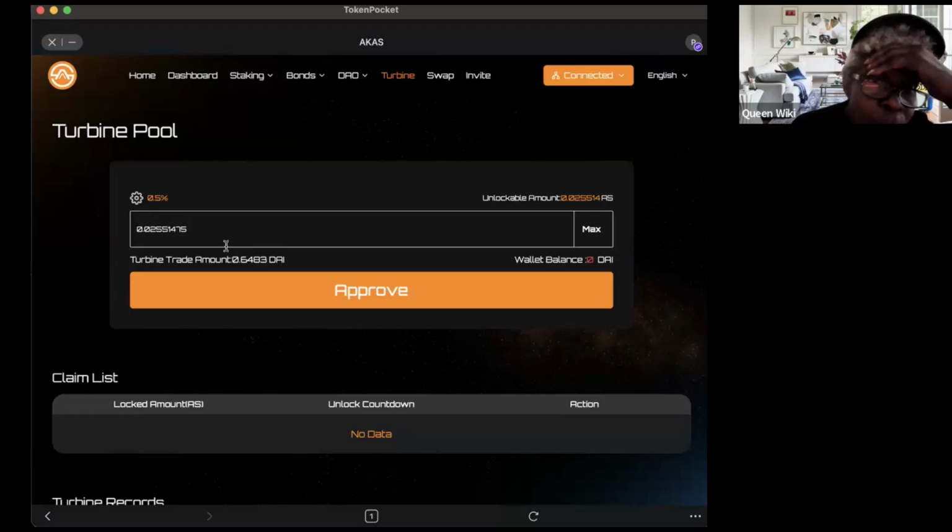So you've earned the incentive reward. Now it's going into the turbine pool, and you can't get it unless you have an equivalent amount of DAI in your wallet.